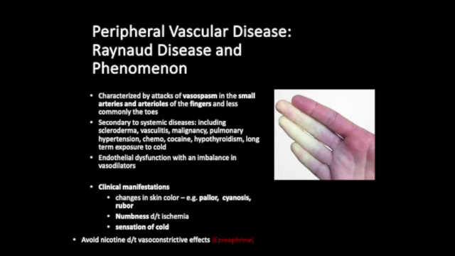Raynaud's phenomenon will have vascular inflammation and vasospasm that are reflective of a progression of underlying disease. Okay, so the difference again: Raynaud's disease, usually idiopathic. Raynaud's phenomenon, it's systemic in relationship to other diseases.